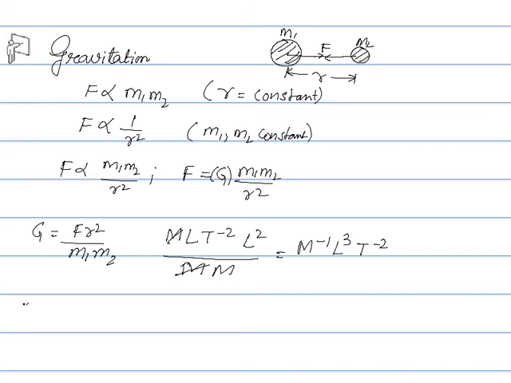So the value of G in the SI system is 6.667 into 10 to the power minus 11, per kg, meter cube per second square. This G is constant and it is a universal constant.